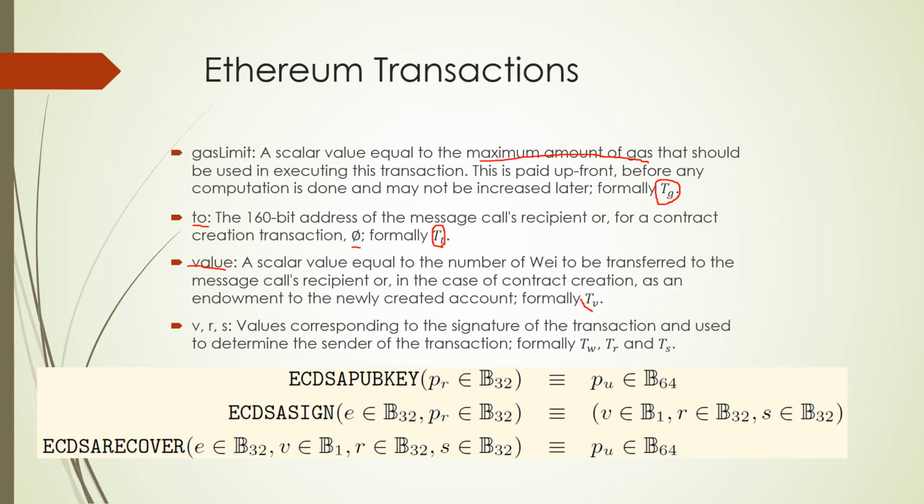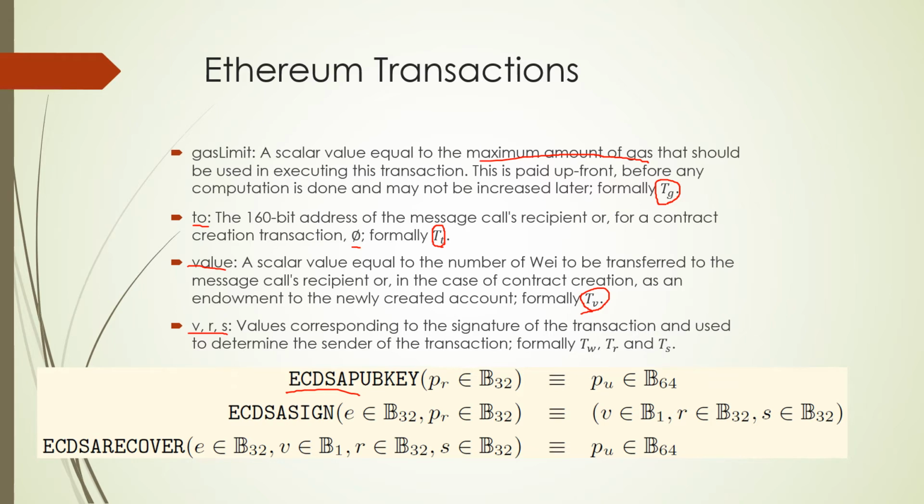The value is represented by T sub v, and then we have V, R, S, which are the values corresponding to the signature of the transaction. The signature of the transaction happens using ECDSA, which is a mechanism for digital signature, which we talked about before, and it was used in Bitcoin as well.